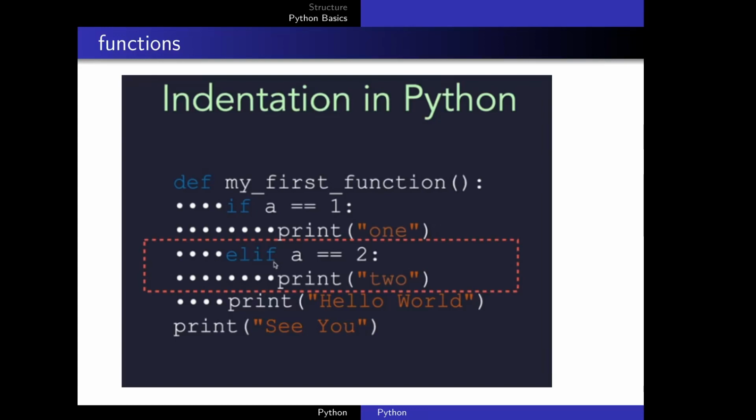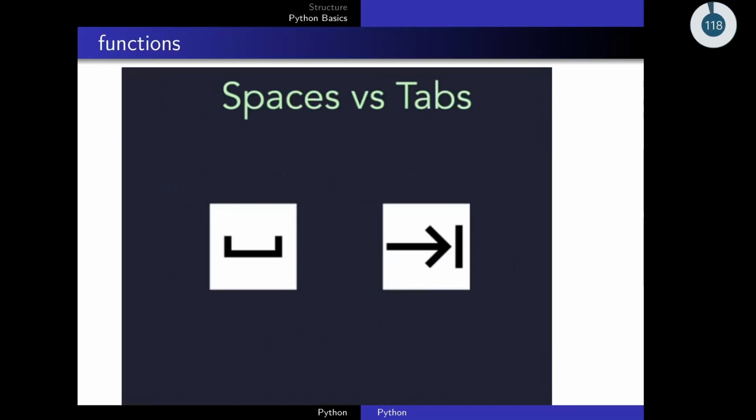Now there are two groups among programmers: those using the spacebar for indentation and those using the tab key. If you look at the Python documentation, it's recommended to use the spacebar for indentation. You can also use the tab key if you want, but you cannot use both in a program.